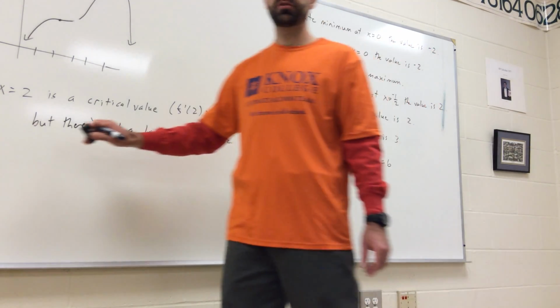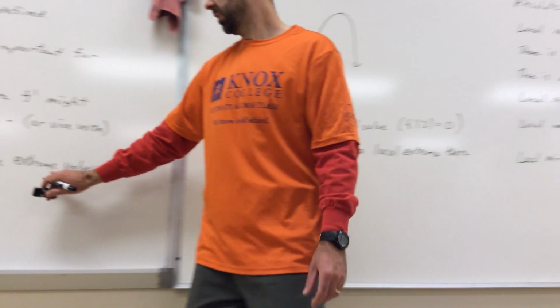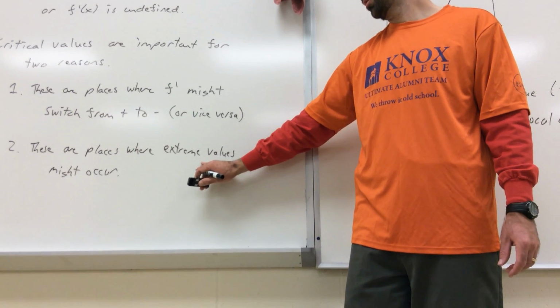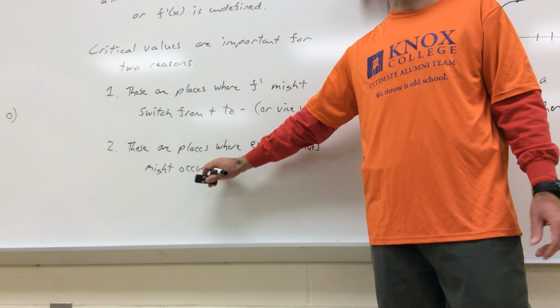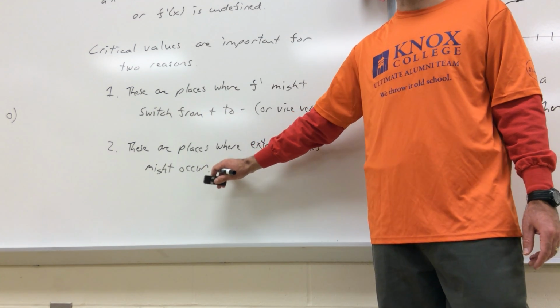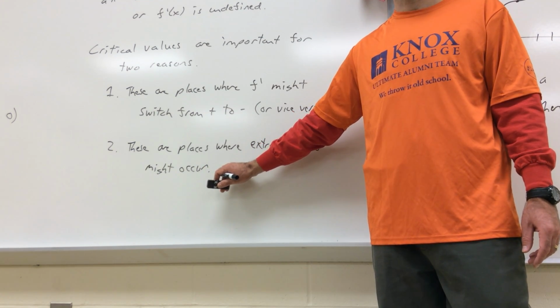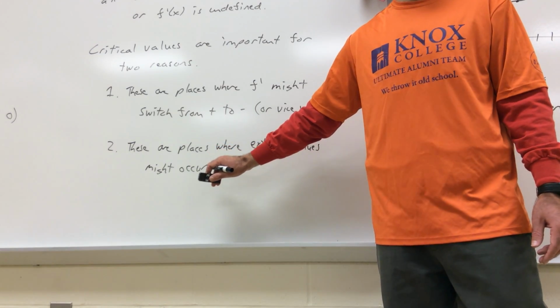So I'm just trying to emphasize that these are places where extreme values might occur. I'm not saying there have to be extreme values at these locations. I'm saying they might occur there.